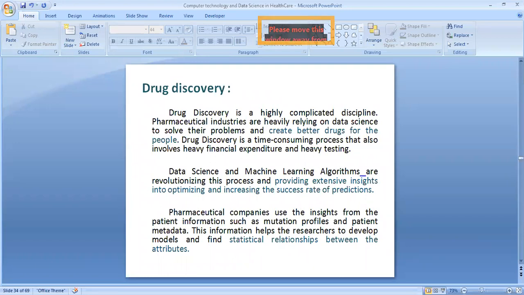Earlier, again, it was time consuming and the prediction was not that appreciable, but today, with the application of such analytical tools, we could achieve greater heights of success. So you can always find out statistical relationships, and what could be the outcome could be easily predicted using such techniques.